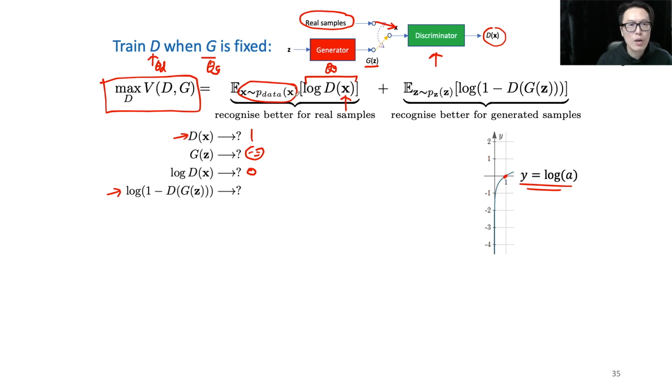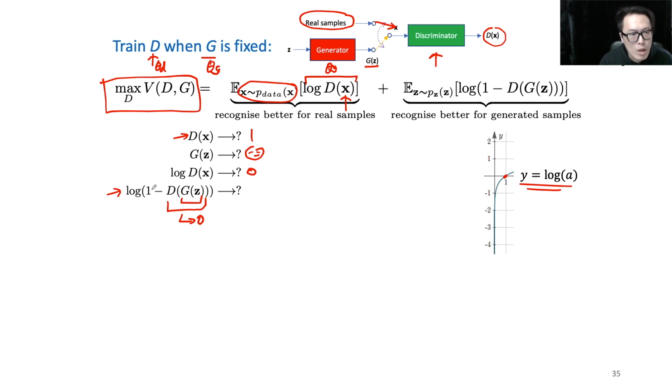Now, from the discriminator's point of view, we would like to tell that if the sample G(z) is from the generator, that means the sample is a fixed sample, we would like D(G(z)) to be 0. Okay.